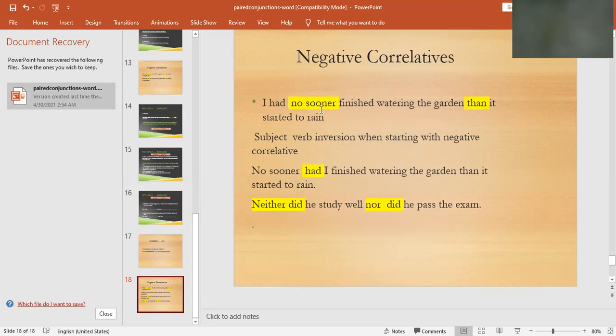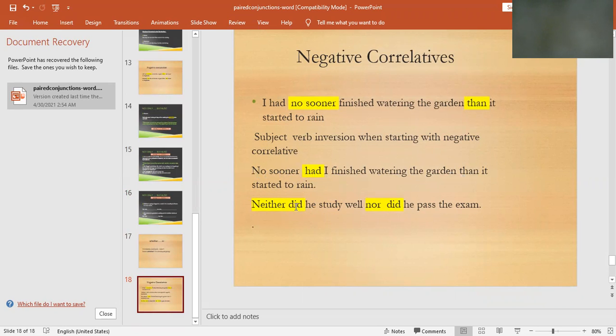And you see it's past perfect because two actions happened in the past, one happened before the other. But when you start with no sooner, look at the third line: no sooner had I finished watering the garden than it started to rain. So you use the auxiliary verb before the subject.